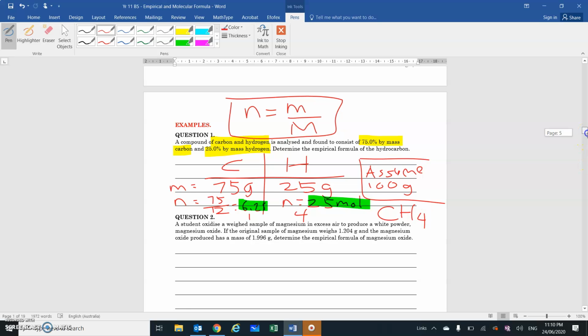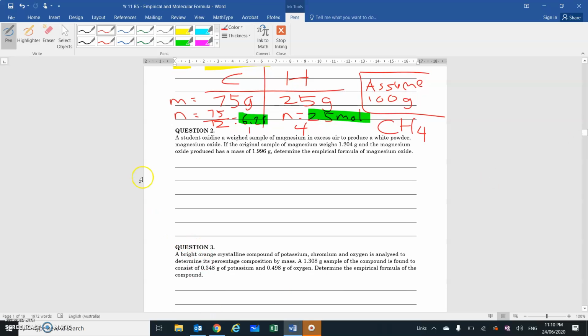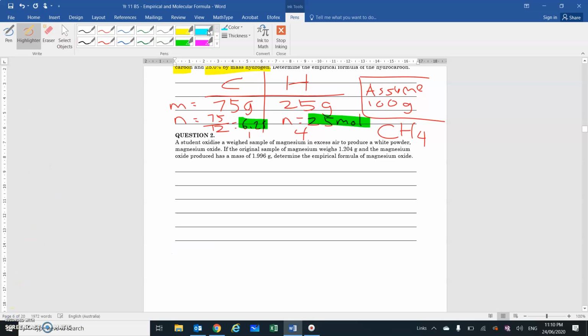All right, let's do the next one. Question 2. A student oxidizes a weighed sample of magnesium in excess air to produce a white powder, magnesium oxide. If the original sample of magnesium weighs 1.204 grams and the magnesium oxide produced has a mass of 1.996 grams, determine the empirical formula of magnesium oxide.